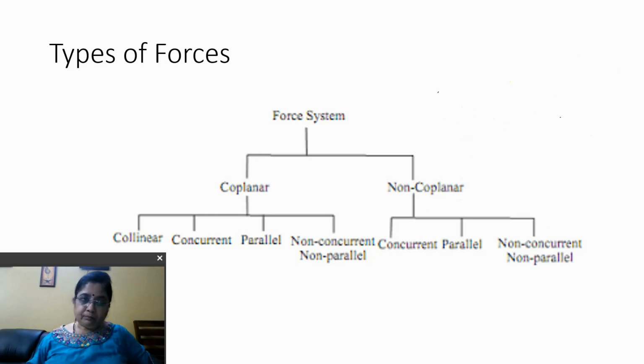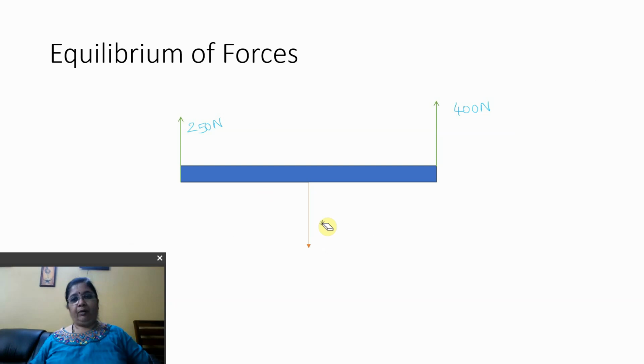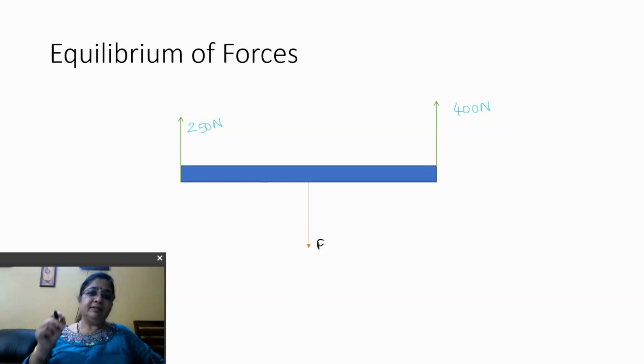Okay, right. So now I have a problem given here. I am asked to find out this F. So equilibrium of forces. You have a system of forces that is in equilibrium when the forces balance each other. There is no net force. So you can have a system of horizontal forces.